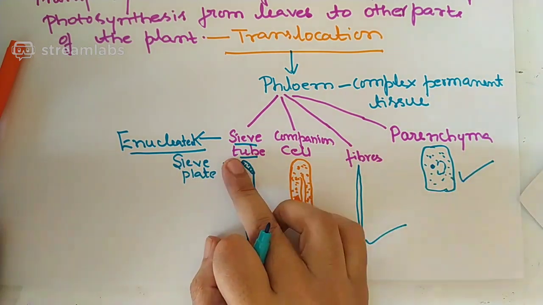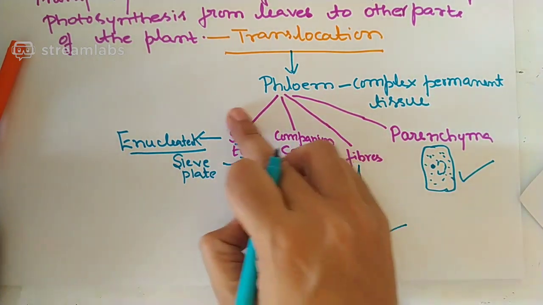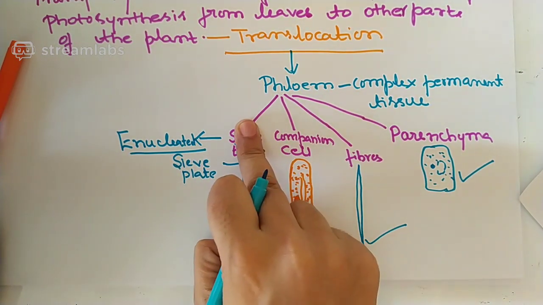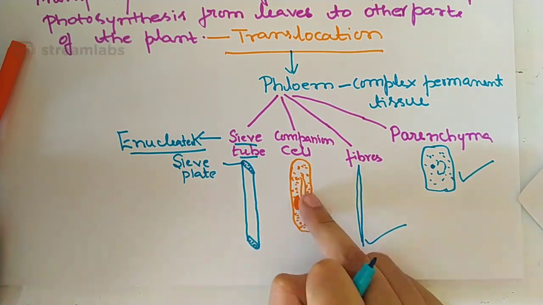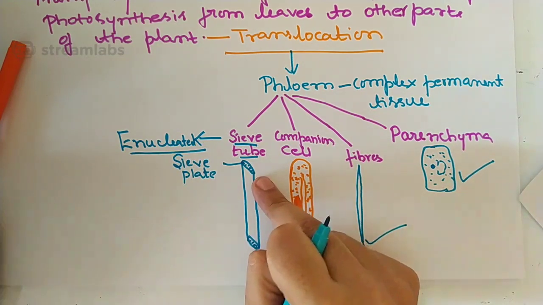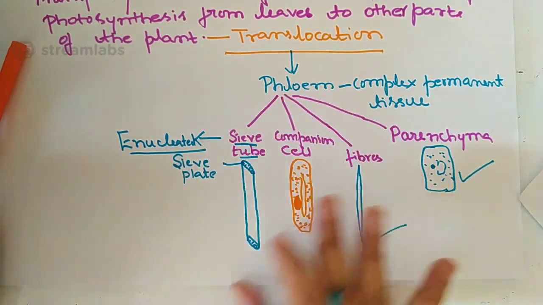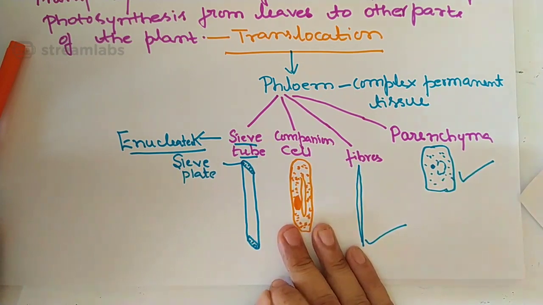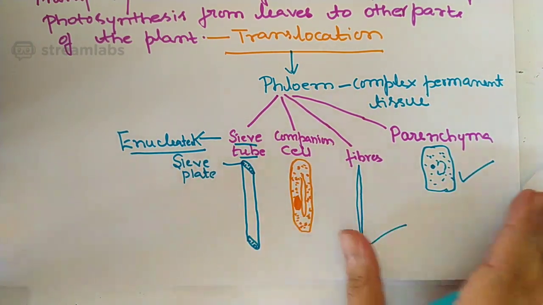The sieve tube helps in conduction and the companion cell controls the activities of the sieve tube.